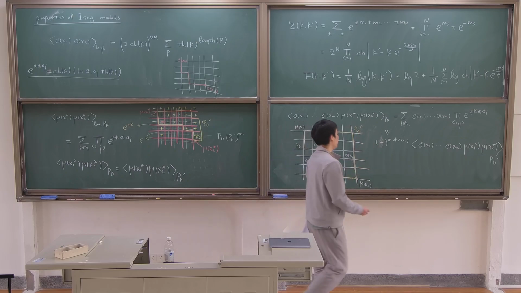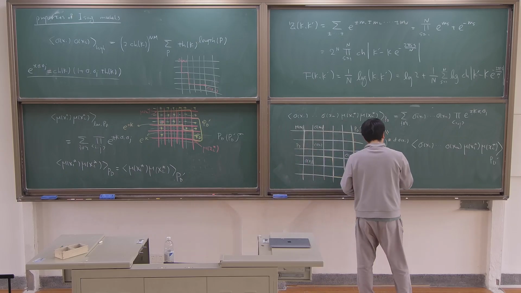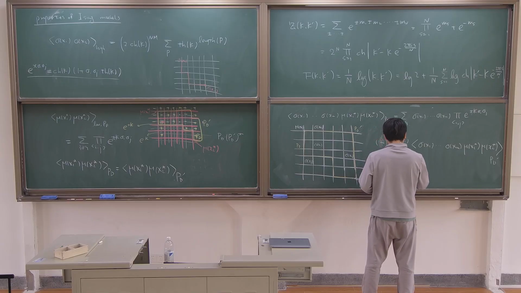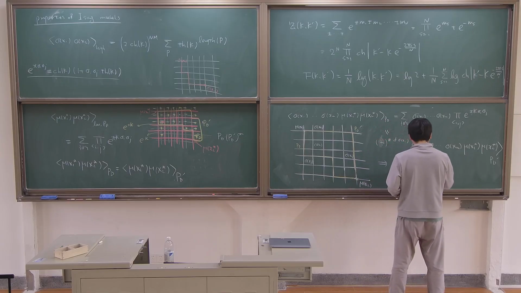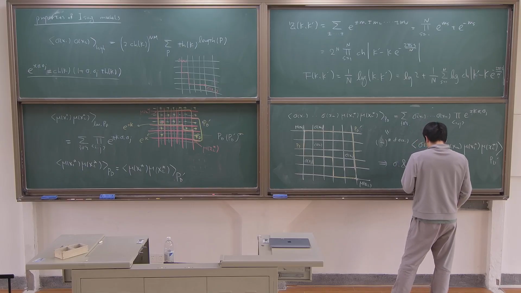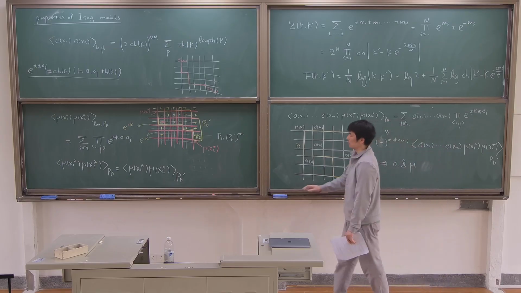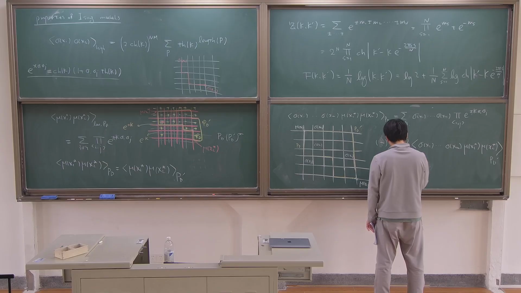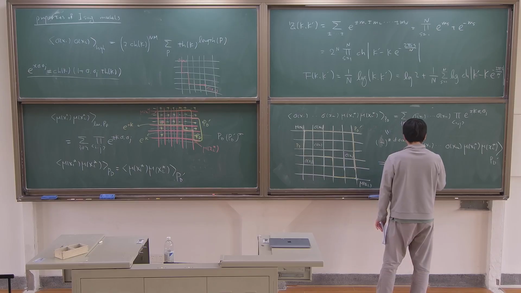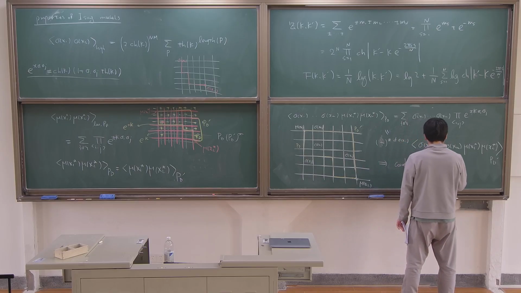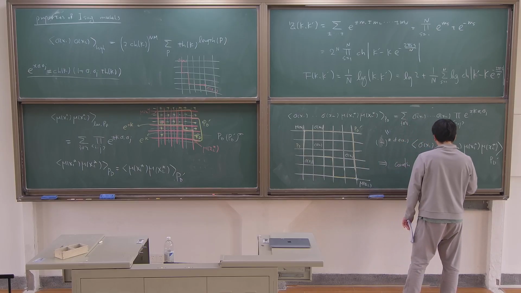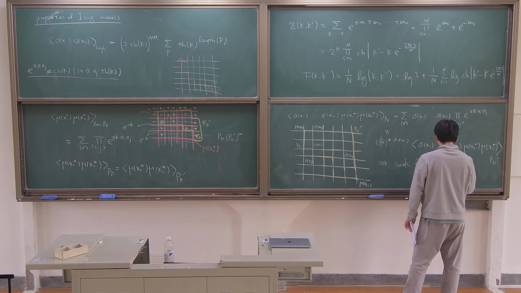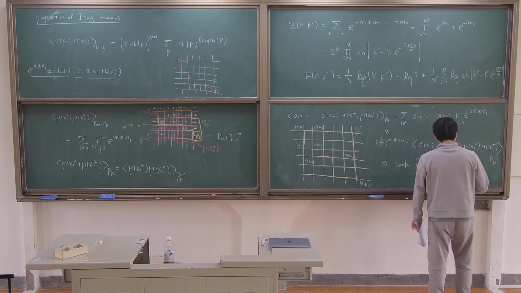So therefore, this means that the correlation function of sigma and mu depends on the global structure of the configuration.